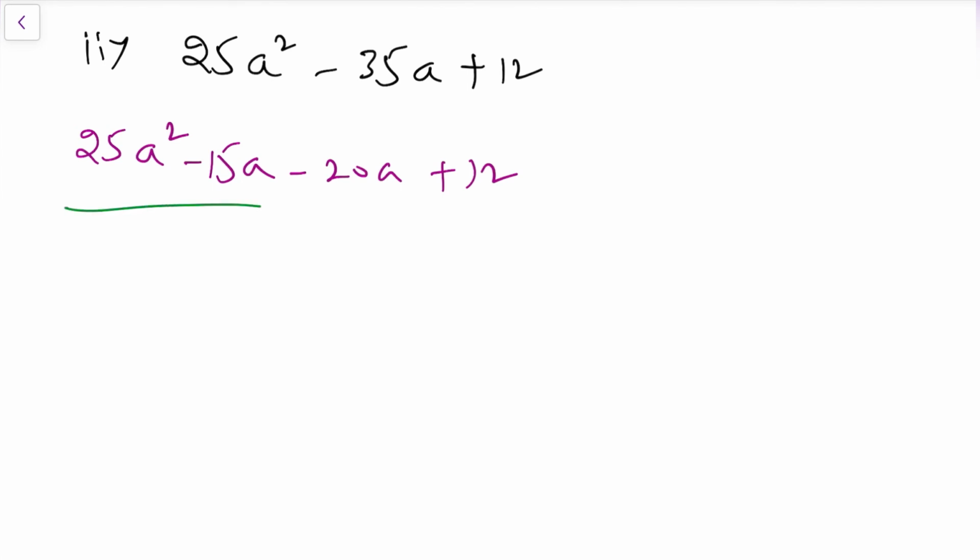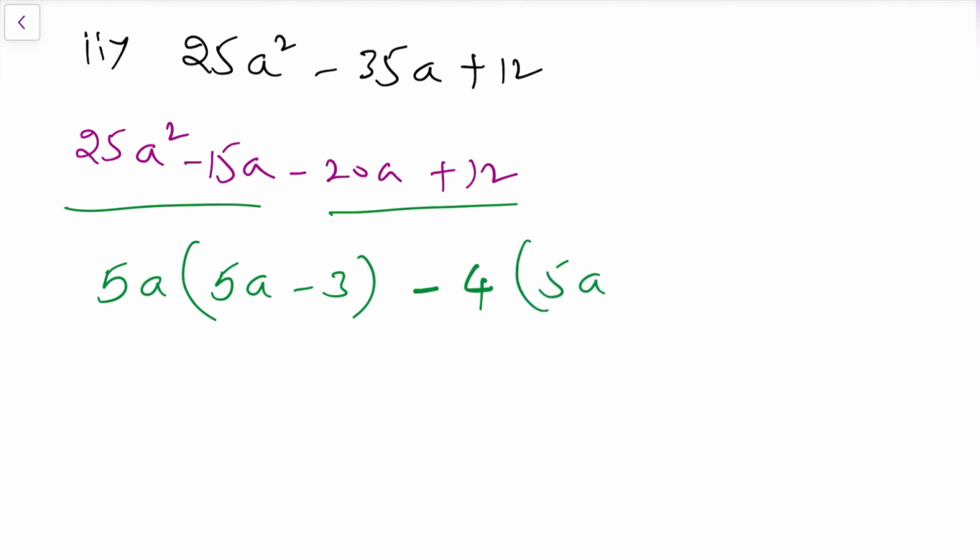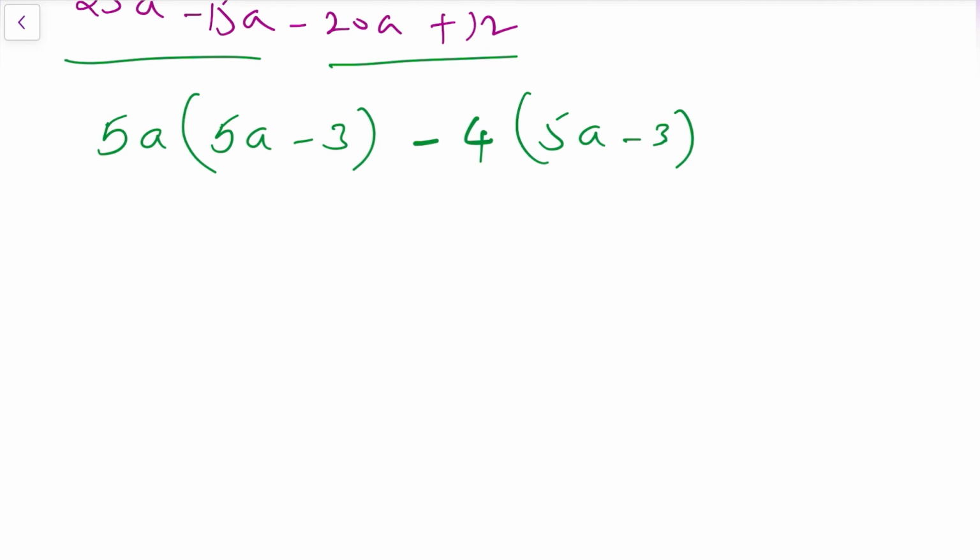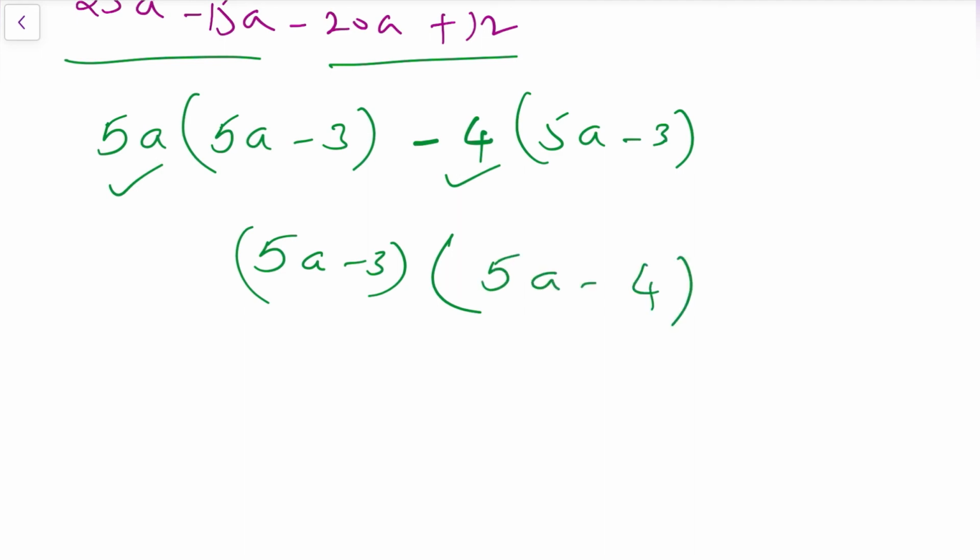From the first term and second term we can take out 5a common, then we remain with 5a minus 3. In the third and fourth term we can take out minus 4 common, then we remain with 5a minus 3. Here 5a minus 3 is there 2 times, so write it once, 5a minus 3 times 5a minus 4. So the factorization is 5a minus 3 into 5a minus 4.